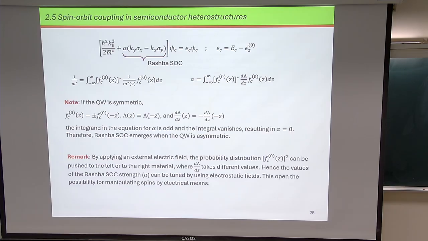I can change the density corresponding to these states in the quantum well and push the wave function to be more on one side or the other, so I can pick up more or less of the difference in the parameters of the two materials. So I can change the value of alpha just by pushing the electrons to go to one side or the other.